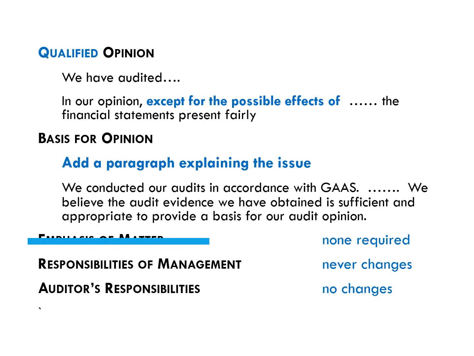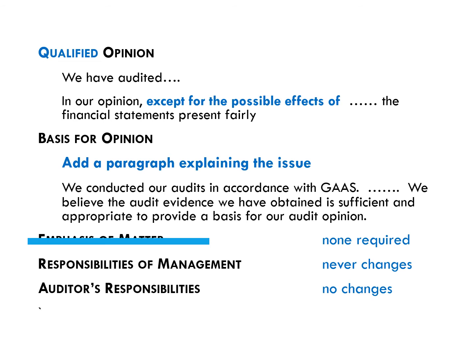Qualified opinion, we have audited. That first paragraph is unchanged, and our opinion, except for the possible effects of the matters discussed in the basis for opinion paragraph, everything is fairly presented in accordance with generally accepted accounting principles.